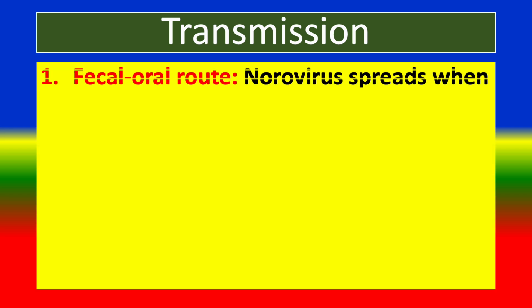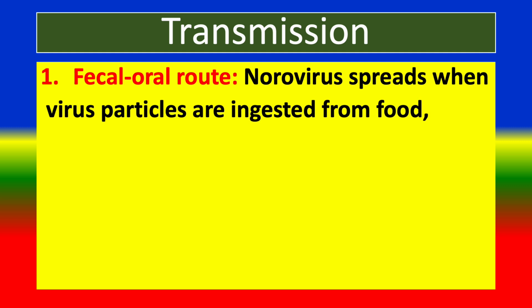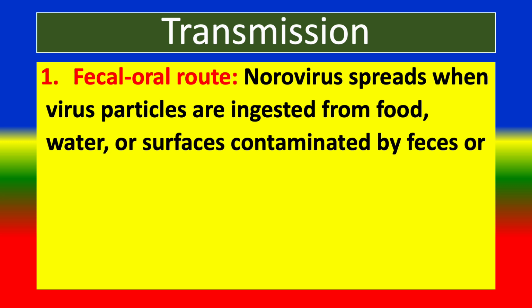Transmission. 1. Fecal-oral route. Norovirus spreads when virus particles are ingested from food, water, or surfaces contaminated by feces or vomit.